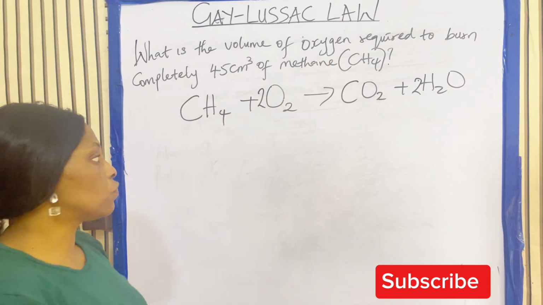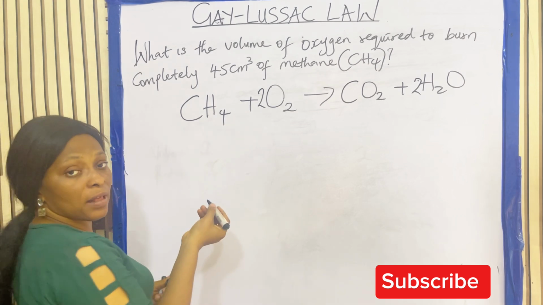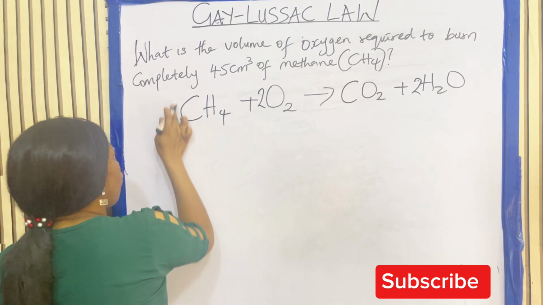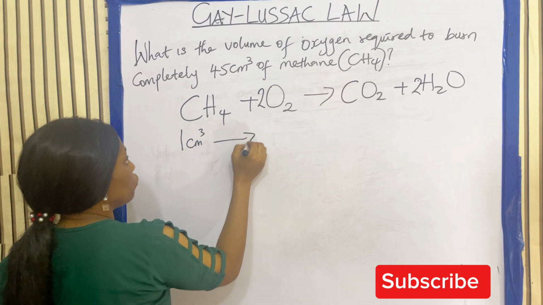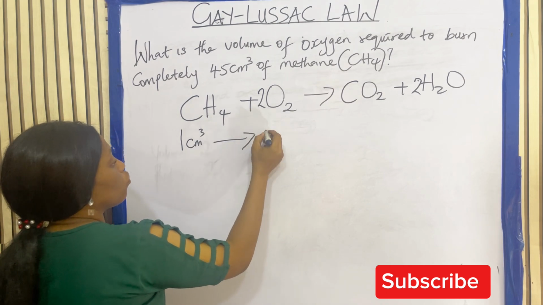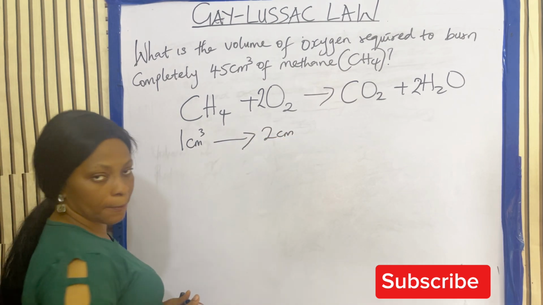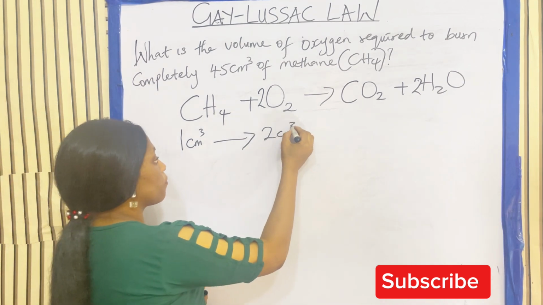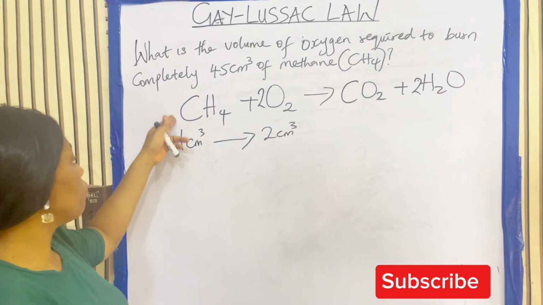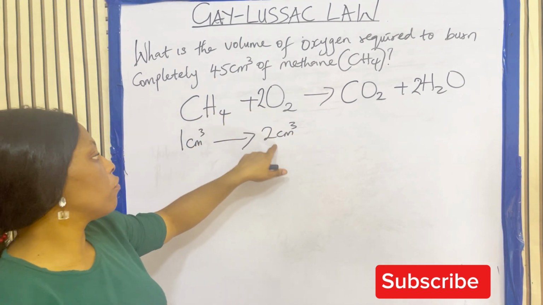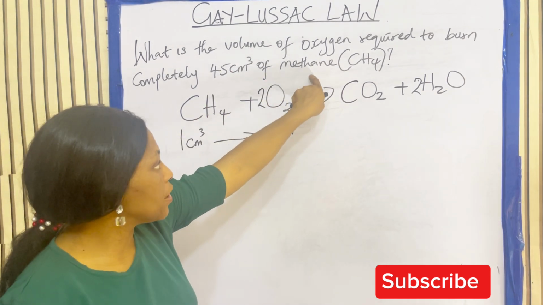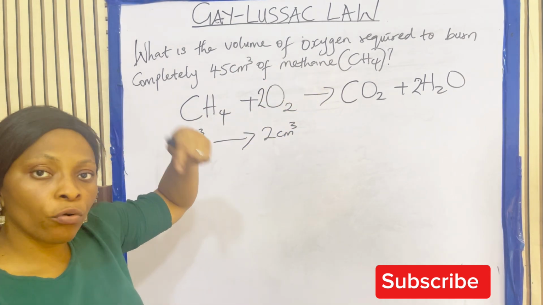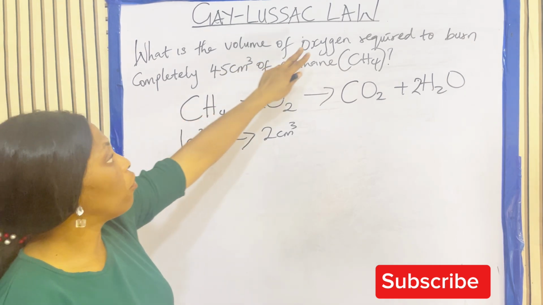So what are you going to do? Now, following Gay-Lussac's law, you've discovered that 1 volume, 1 cm³ of methane, requires how many of oxygen? 2 cm³ of oxygen. Are we together? 1 cm³ of methane requires 2 cm³ of oxygen. Now, 45 cm³ of methane will require how many of oxygen?